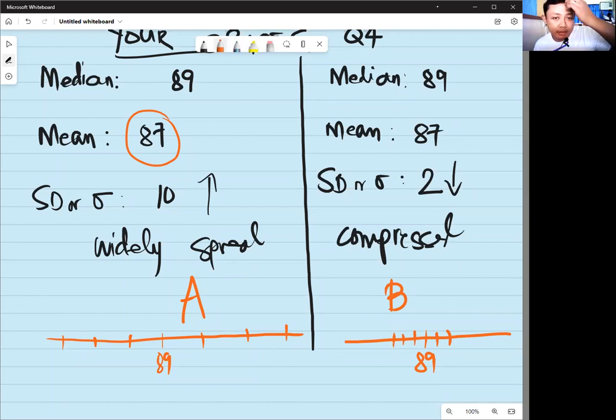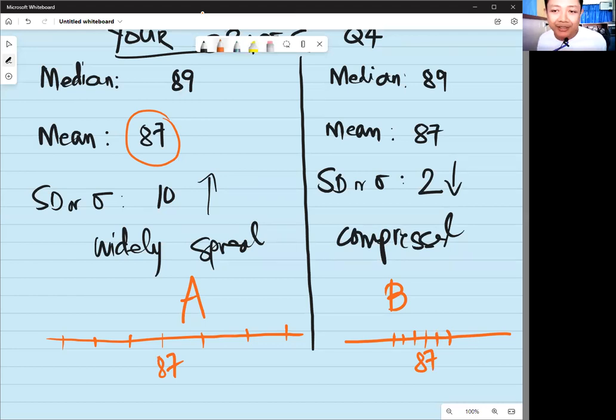If 89 is the median, and the mean is the average, if we change this to 87, the grades for the B grade are closer to your mean. So that's what we are referring to here.